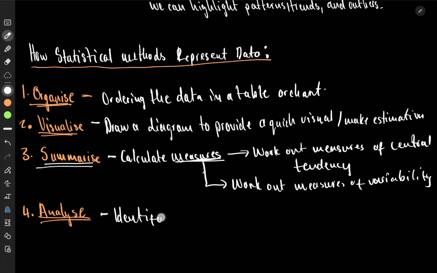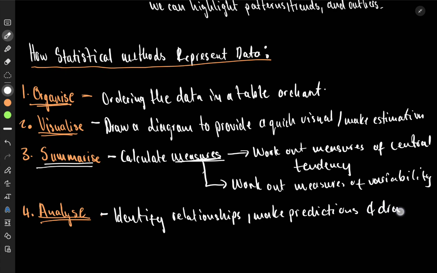So you identify relationships and make predictions and draw conclusions. Now you're drawing conclusions from the data that you have just finished organizing, visualizing, and summarizing.